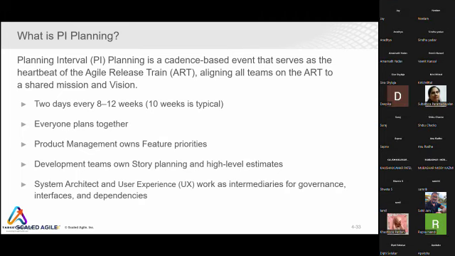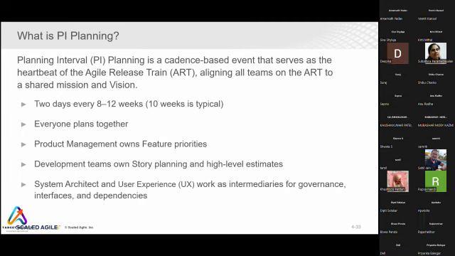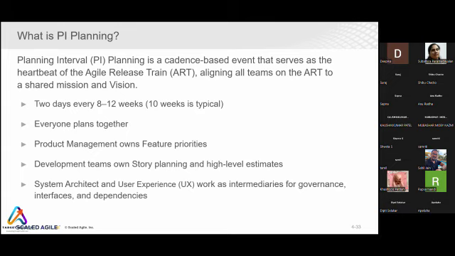Which is Agile release train. So planning interval or PI planning is a cadence-based event which serves as the heartbeat of Agile release train, aligning all teams on the ART to a shared mission and vision. All the teams come together towards a common mission and common vision, and they all work and plan together.